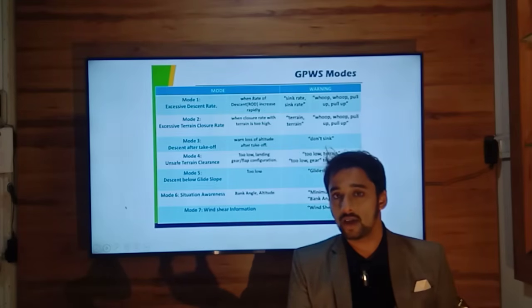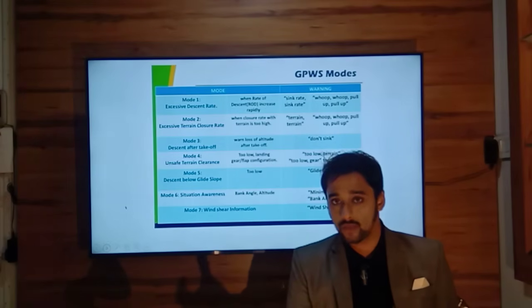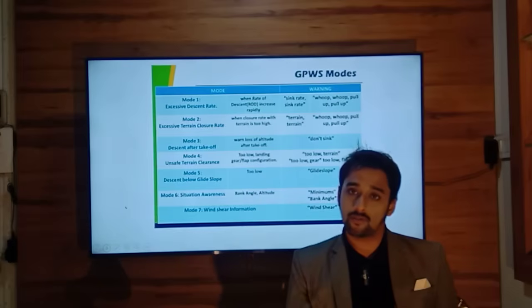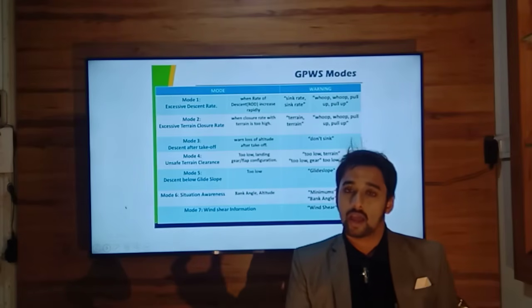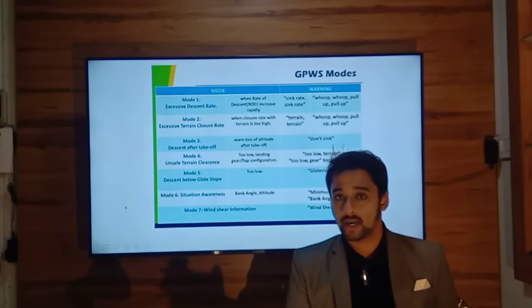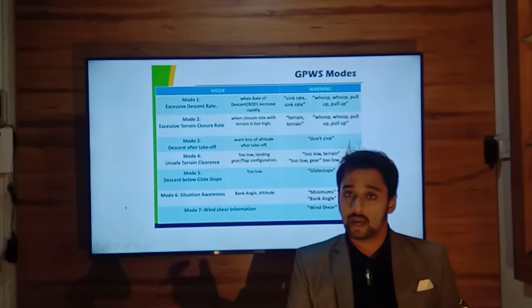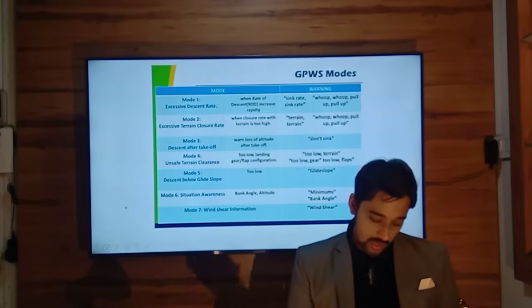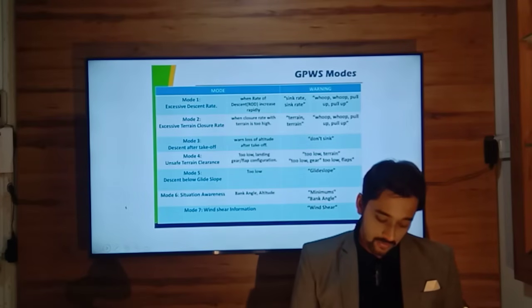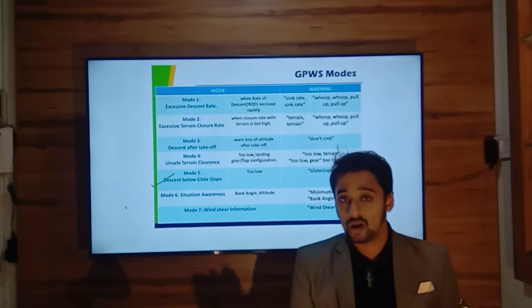So basically, you're flying in oblivion. That is why these rules are framed from that point of view, and it is very vital that you maintain your climb attitude or a specified rate of climb that the system tells you, and go to a safe altitude.